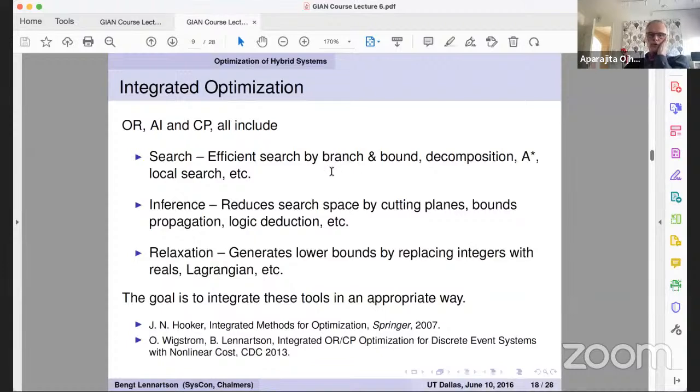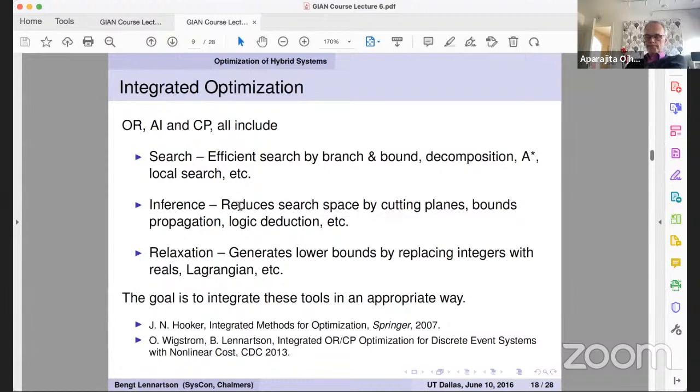But of course, there are also search aspects that have been developed in other fields, like A*, which is a typical AI routine or method. You have also dynamic programming as a very basic tool here.